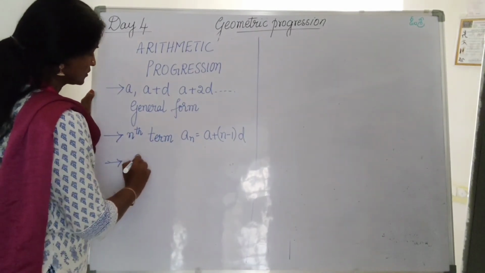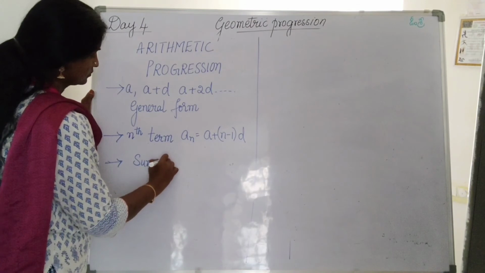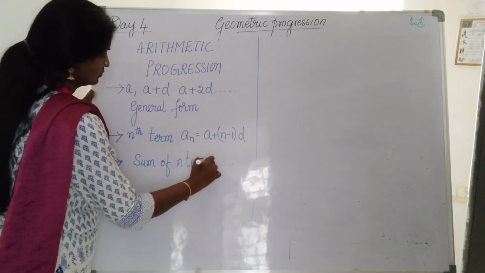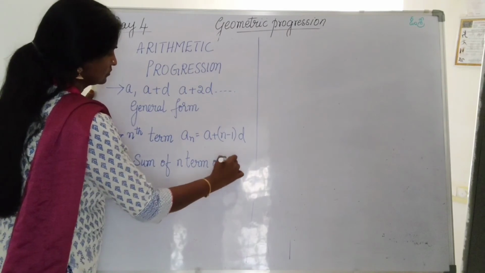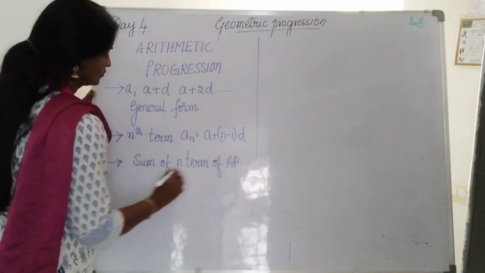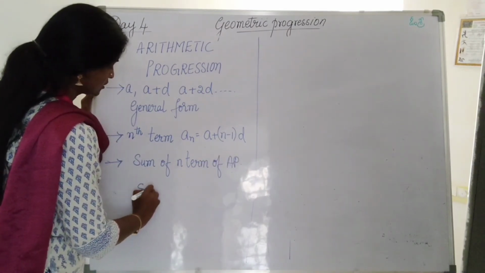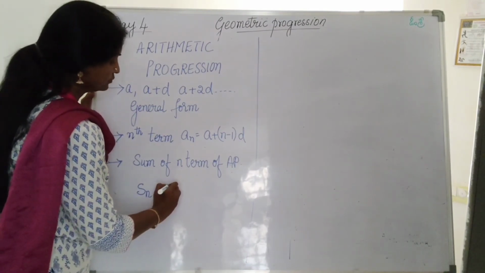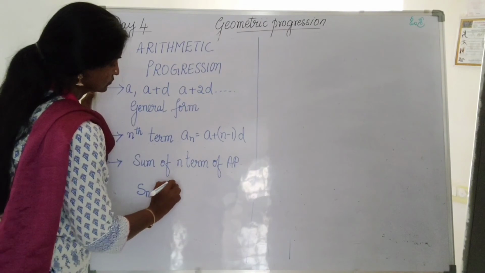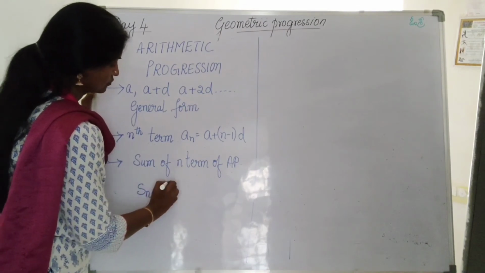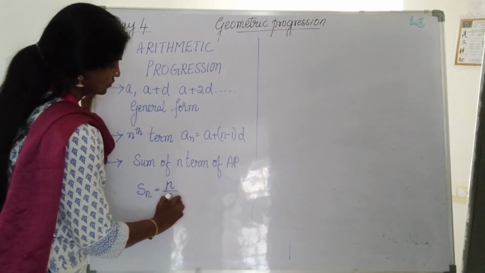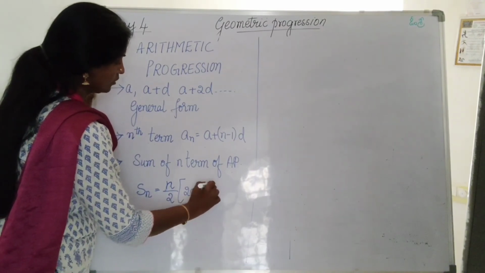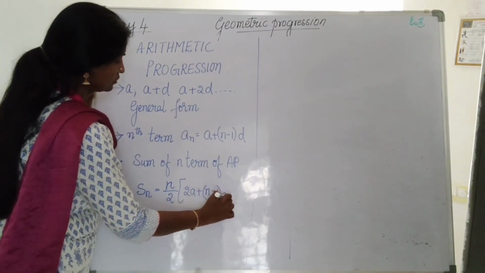Sum of n terms, represented by Sn, which is equal to n by 2 into 2a plus n minus 1 into d.